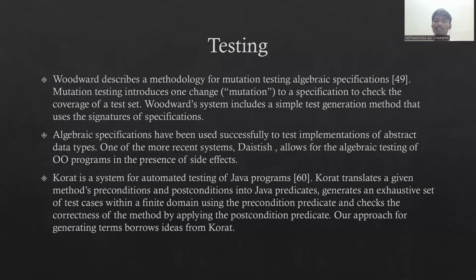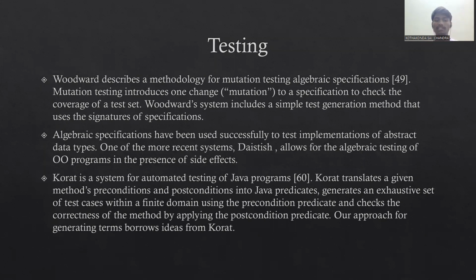Woodward's system includes a simple test generation method that uses the signatures of specifications. Algebraic specifications have been used successfully to test implementations of abstract data types. One of the more recent systems allows users to do algebraic testing of OO programs in the presence of side effects.